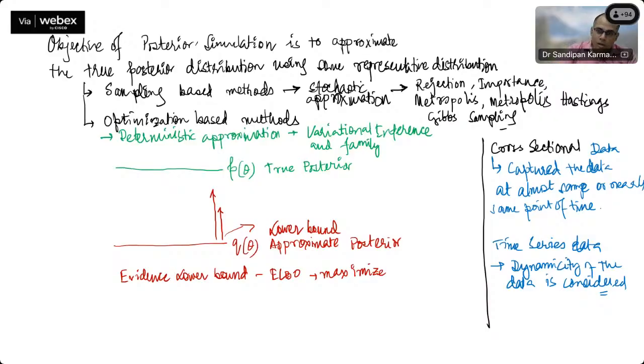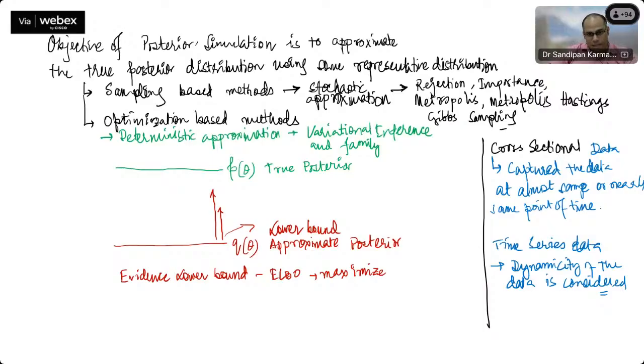Now we are going to start with univariate Gaussian data, and we'll try to derive how to calculate the posteriors, how to calculate this approximate posterior. There is a big derivation for that.